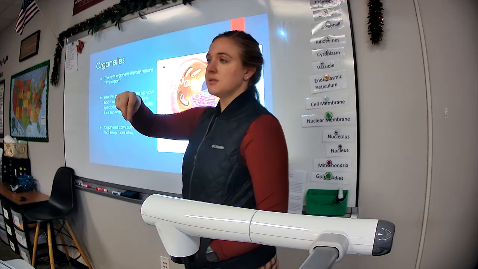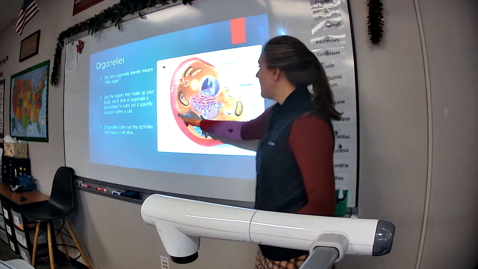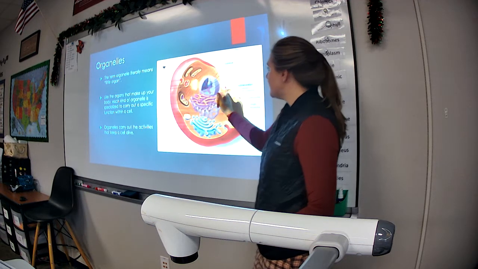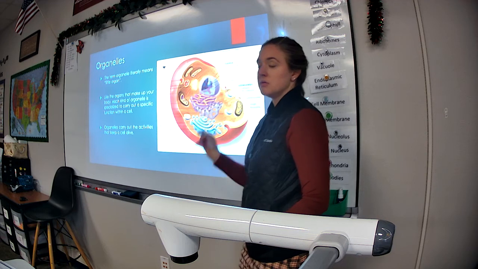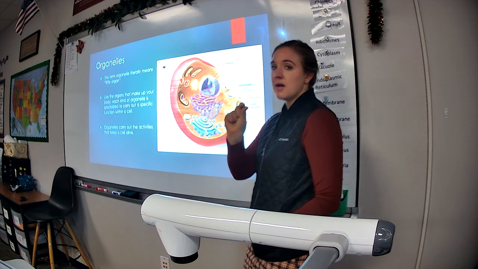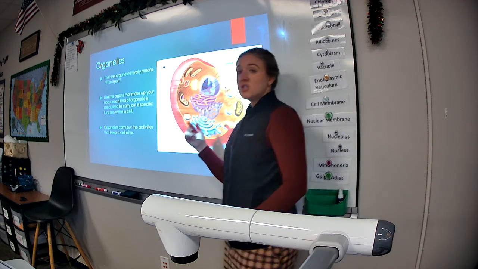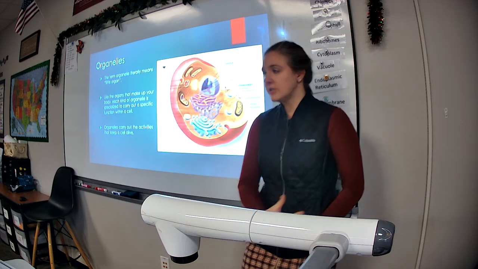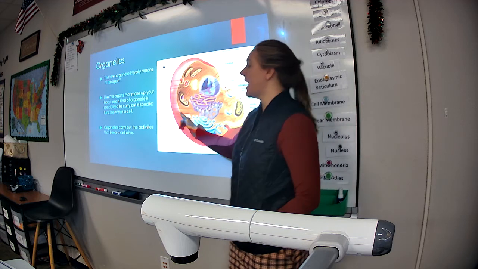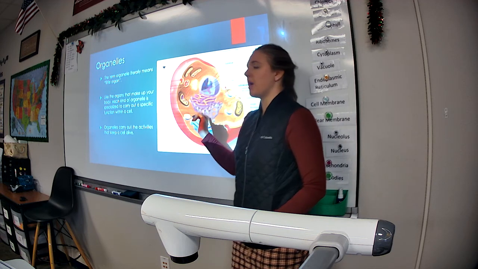Does that make sense? So this whole thing is the cell. Each of these little structures is a different organelle, a little organ that performs one job inside the cell. But the cell needs all of it to survive. Just like we need all of our organs to survive, the cell has to have every single part working together, like a puzzle almost, to get it working properly.